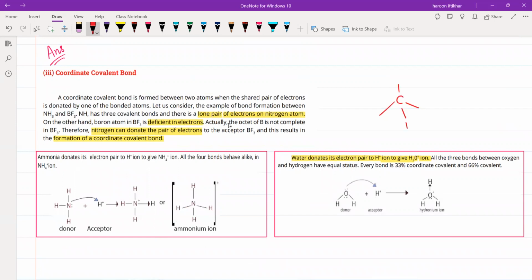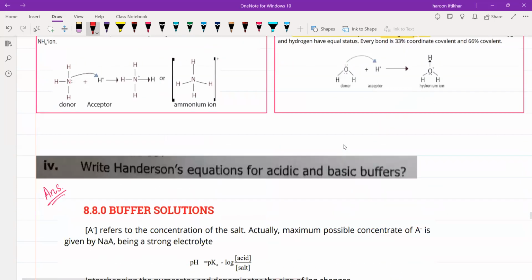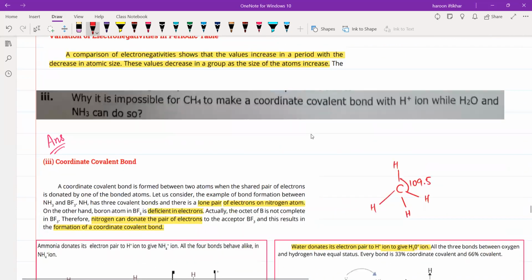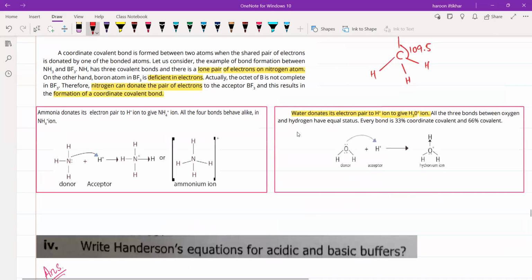It is tetrahedral, with a bond angle of 109.5 degrees and no lone pair. So there is no coordinate covalent bond, because a coordinate covalent bond is formed by the complete donation of a lone pair from one atom only.